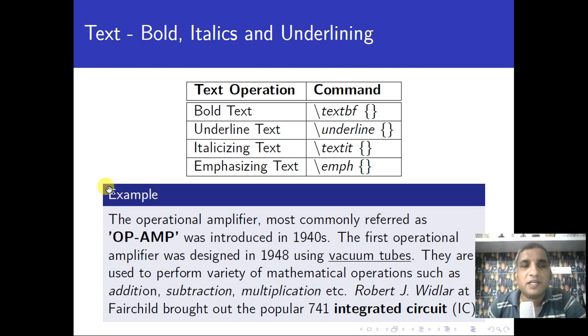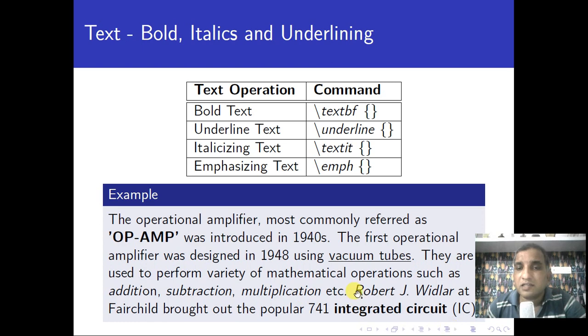If you see in this example, we have some text which is made bold. This op-amp word is made bold. It is clearly identified among the text. Then this vacuum tubes is underlined. Sometimes in a document you require some text to be underlined. Then this addition, subtraction and multiplication text is italicized.